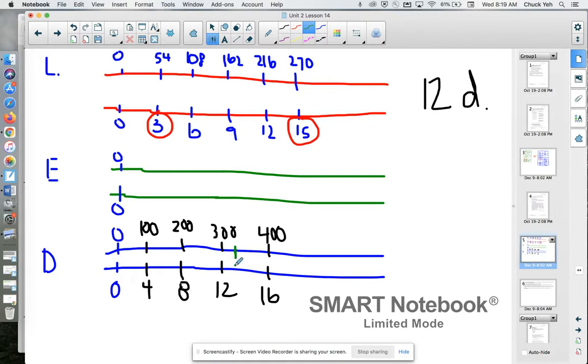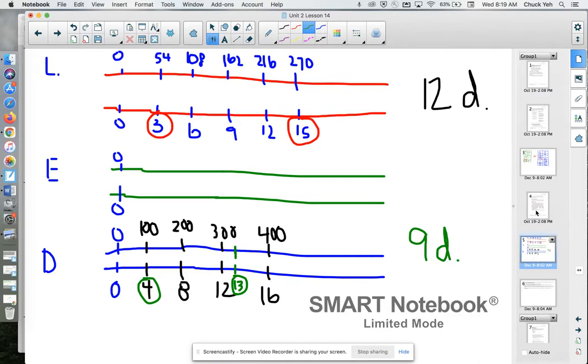And I'm going to say that that's 13. Are we cool with that? 13, right? So how many days is it from 4 to 13? You got it. 9 days.